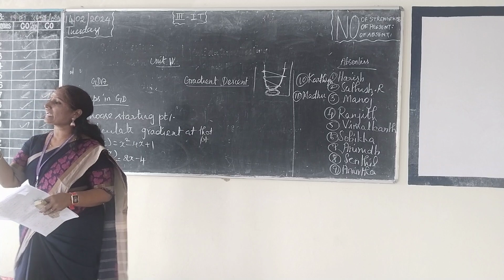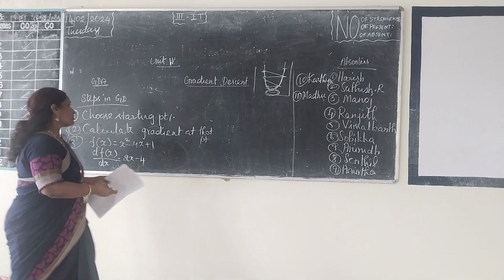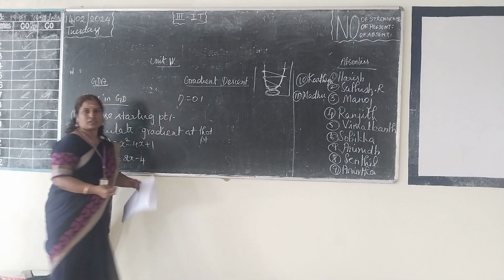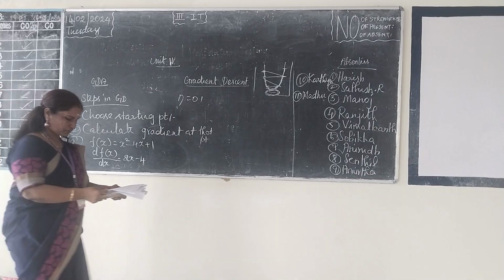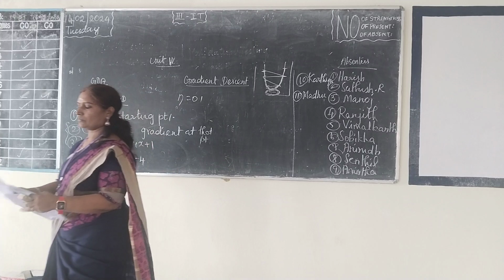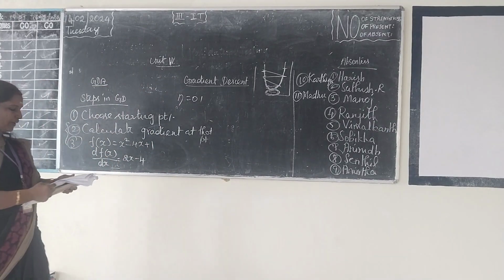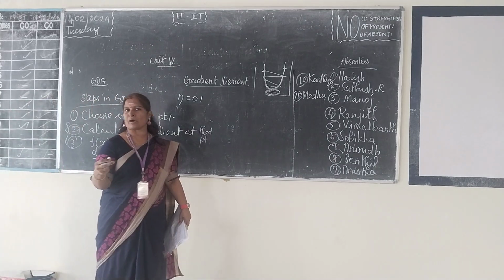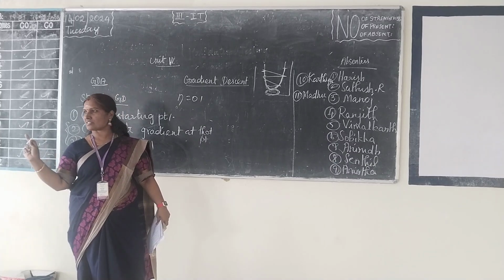We are going to do this problem assuming the learning rate is 0.1. Once you do one step, you will be able to understand.